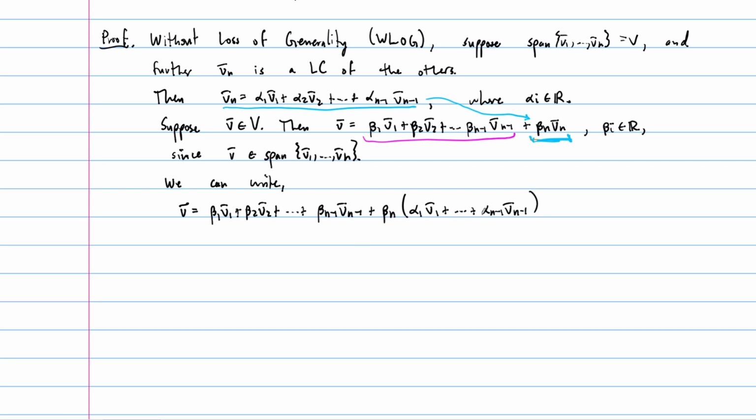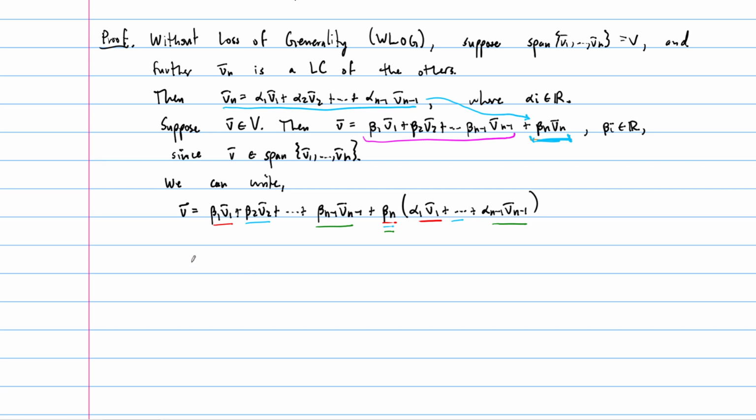Then we can distribute and combine like terms here. These will all get distributed out and grouped together. That term I didn't write down, but that'll get grouped together. This is just some algebra now.